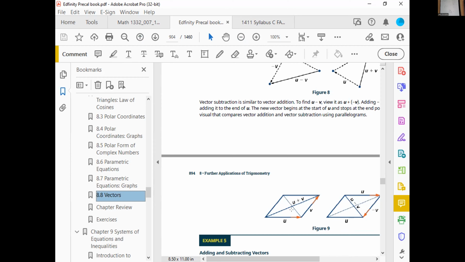If you have a minus, the direction flips the opposite direction. Now notice how U is still the same. They just put it on top. So the tip of the U connects to the V, which is going downward. So now the result is this one. So this would be U minus V. So this is called the parallelogram rule for finding it visually.